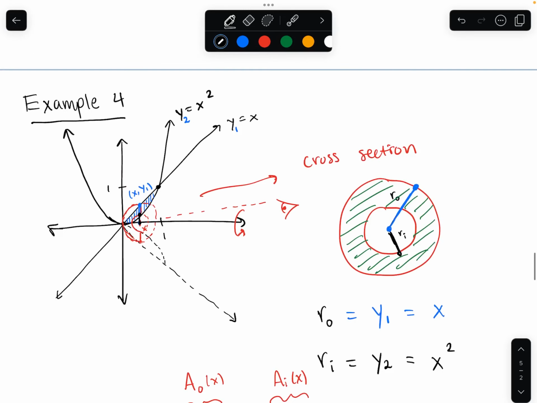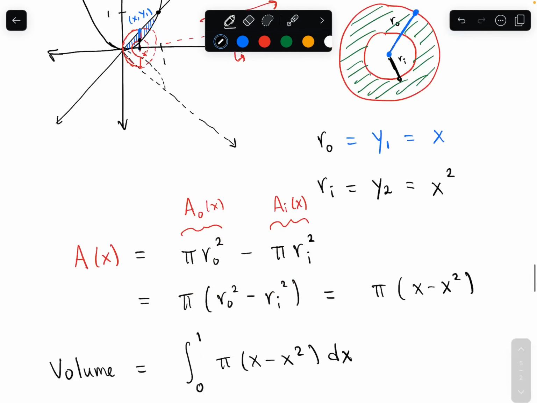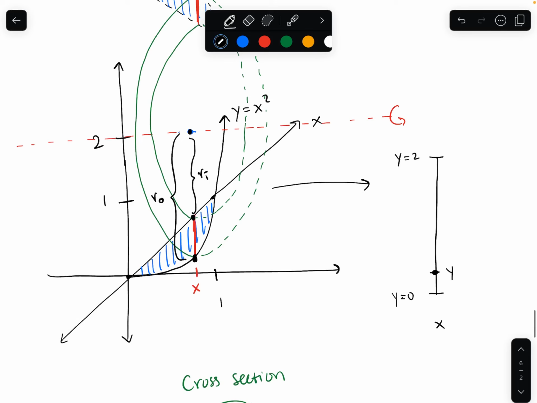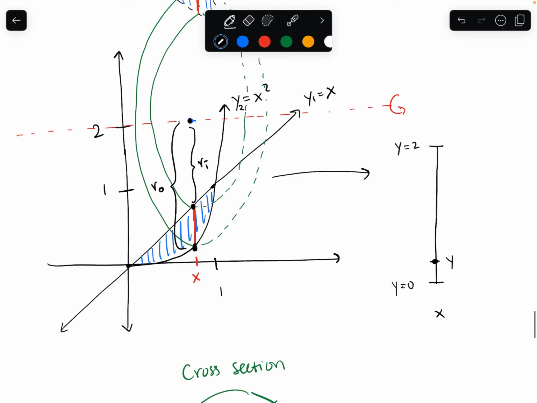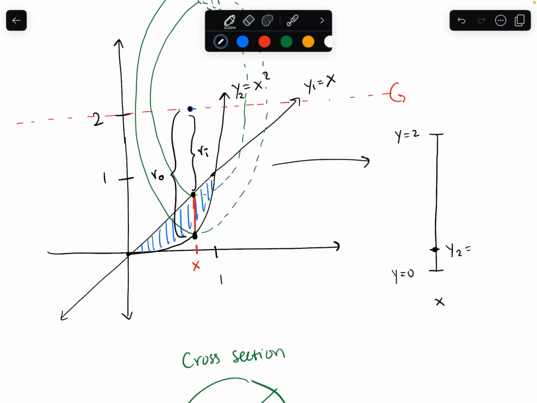In the first one I had y2 was x squared and y1 was x, so let's call it the same here. y2 is x squared, and y1 equals x. So y2 is x squared, which means this height here is x squared. And y1 is x, which means this height here is x.